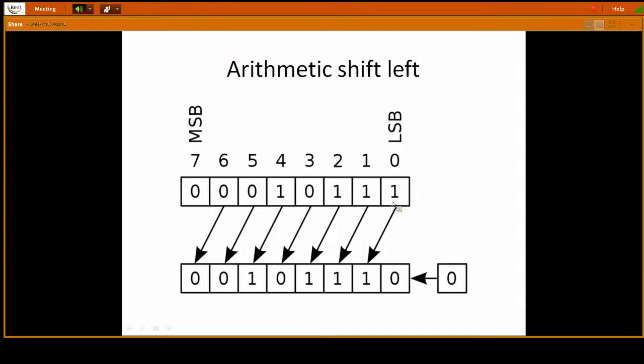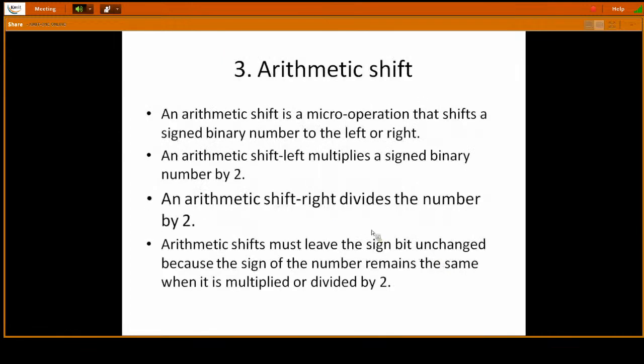Whenever you perform an arithmetic left shift, whatever result you get is a multiple of 2. 5 into 2 should be equivalent to 10. When you convert this into a decimal value, you should get 10. That is what happens in arithmetic shift left.